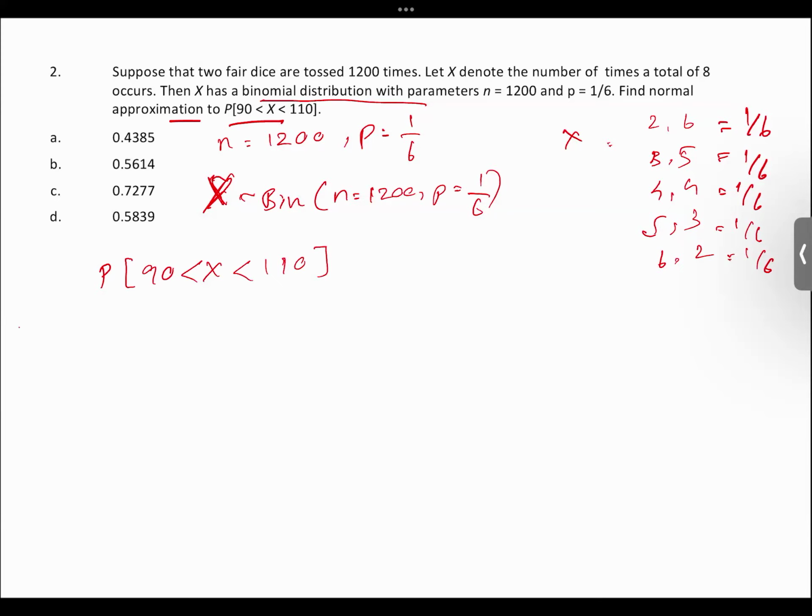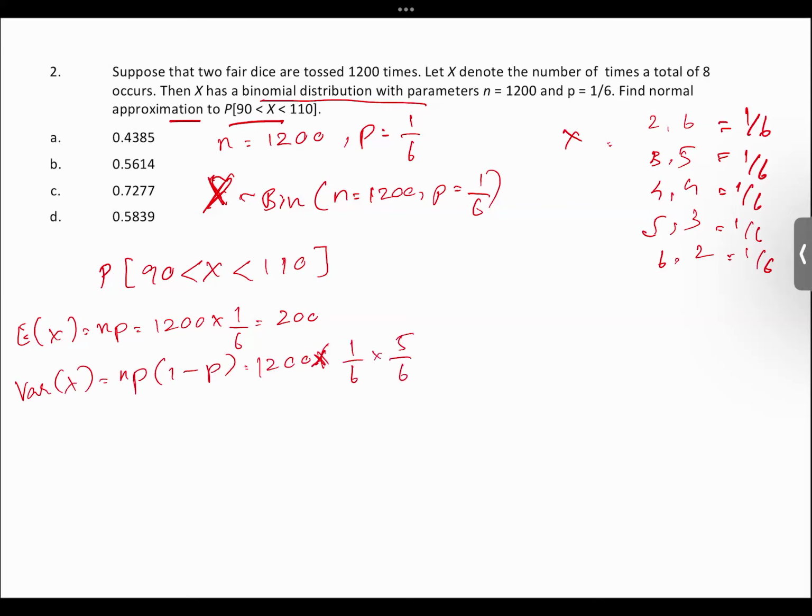So E of X is equal to NP. So it's equal to 1200 into 1 by 6. This is equal to 200. And your variance of X is equal to NP into 1 minus P. So you'll have 1200 into P is 1 by 6, 1 minus P is 5 by 6.